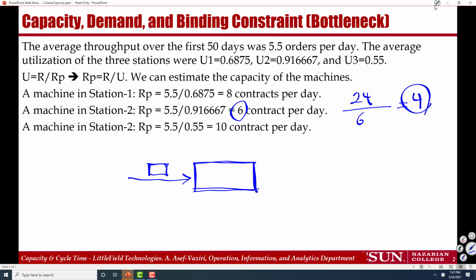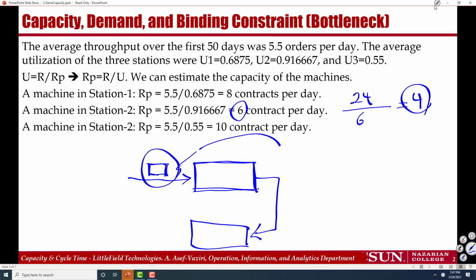A contract has come here, then it should go to station 3. How long does it take this contract to go from here to here? Forget the time interval to go from 2 to 3. Only let me know how long it takes this product to go from here to here.